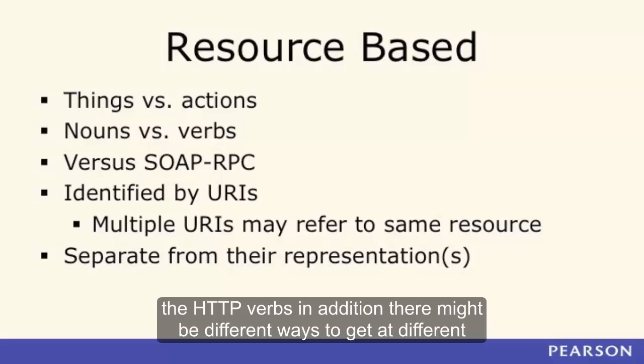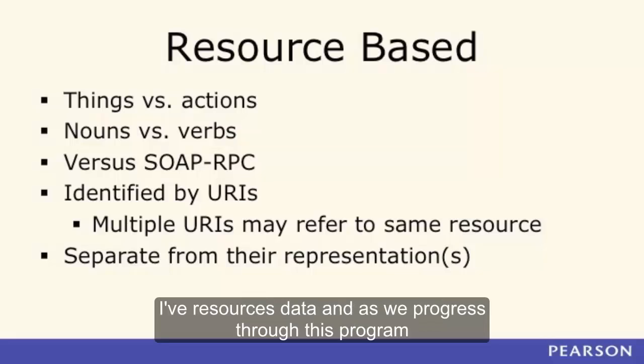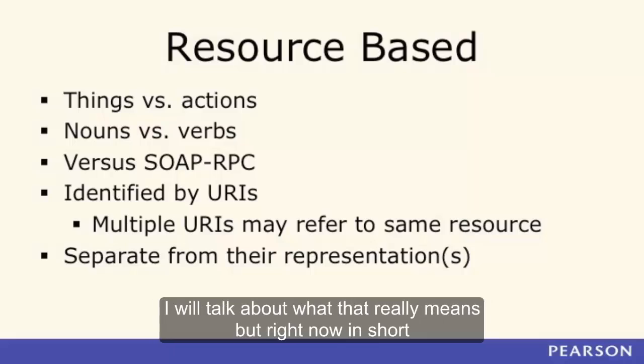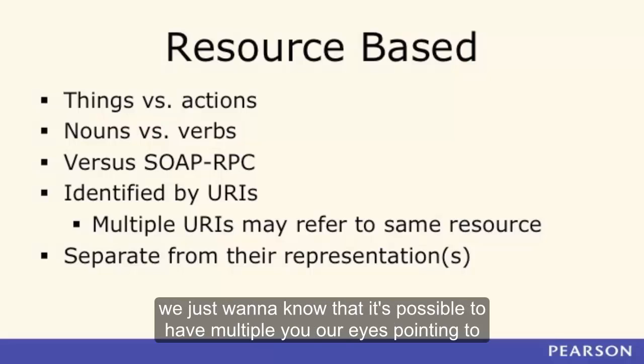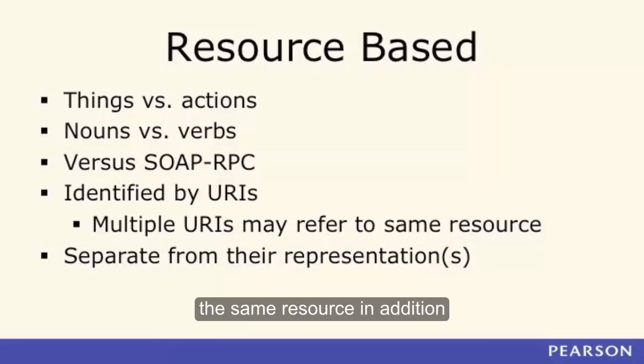In addition, there might be different ways to get at different pieces of a resource's data, and as we progress through this program, we'll talk about what that really means. But right now, in short, we just want to know that it's possible to have multiple URIs pointing to the same resource.